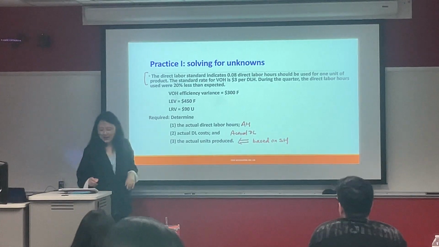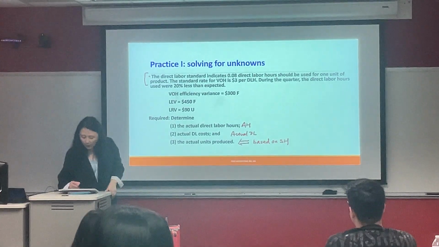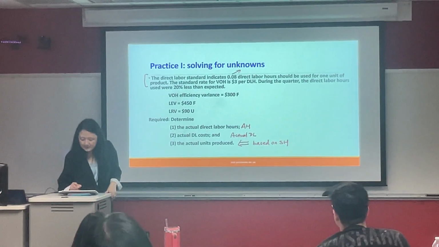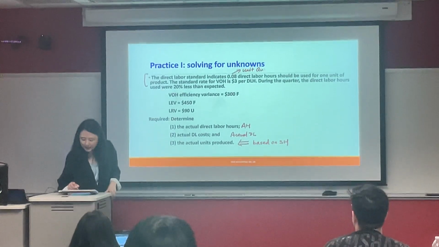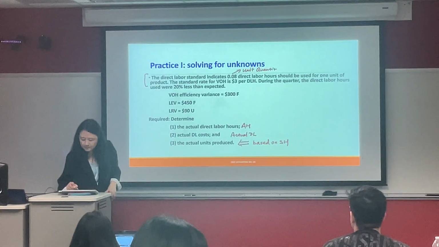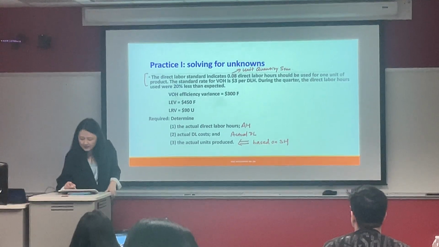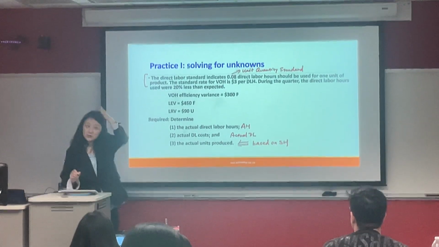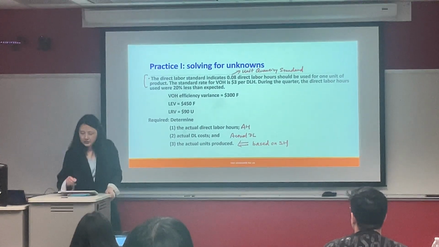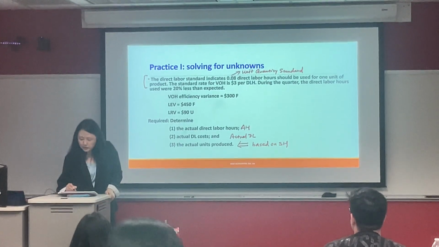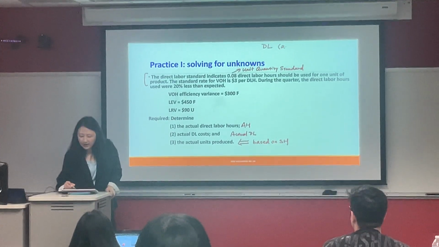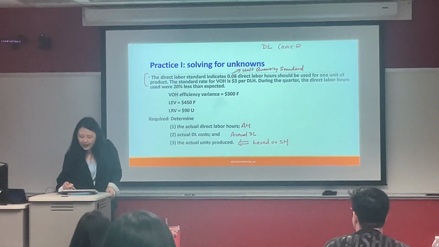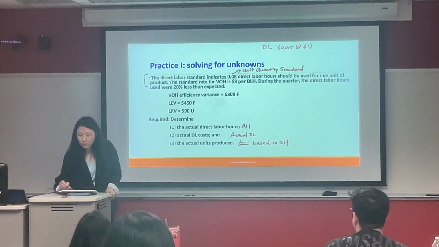Okay, so 0.08, this is the unit quantity standard. Where do you see the unit quantity standard? That's in the standard cost sheet. If you remember the standard cost sheet, usually we have 0.05 at a $1 hourly rate.